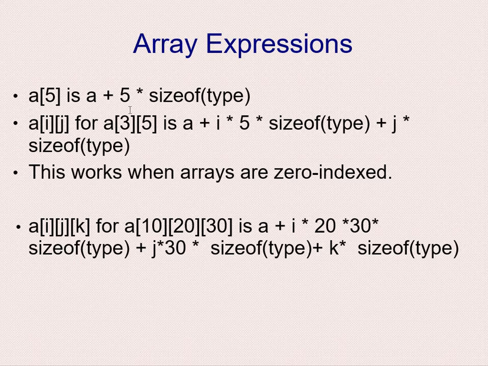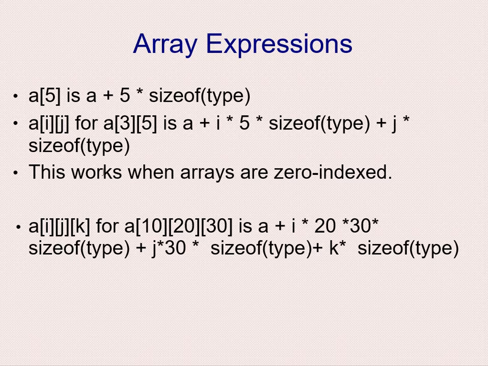Suppose we have a 1-dimensional, 2-dimensional or 3-dimensional array. We can represent it in that manner, and this is how we find the size. If we are finding a particular location in the address, for a[5] we find a + 5 * size of type. For a[i][j], it is a + i * 5 * size of type + j * size of type.